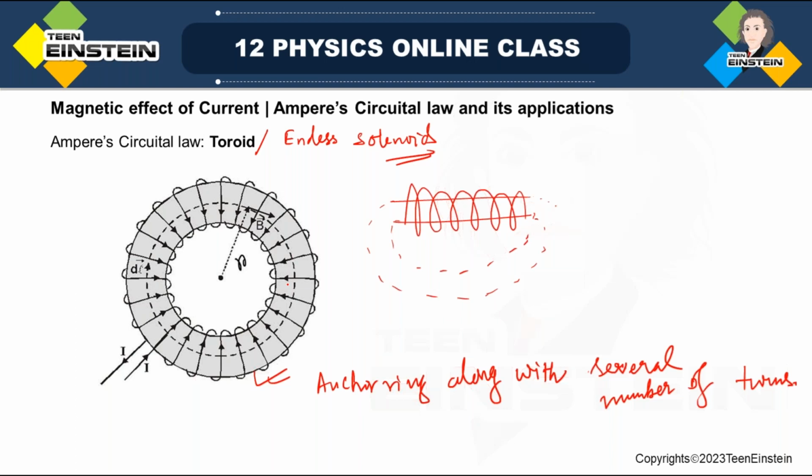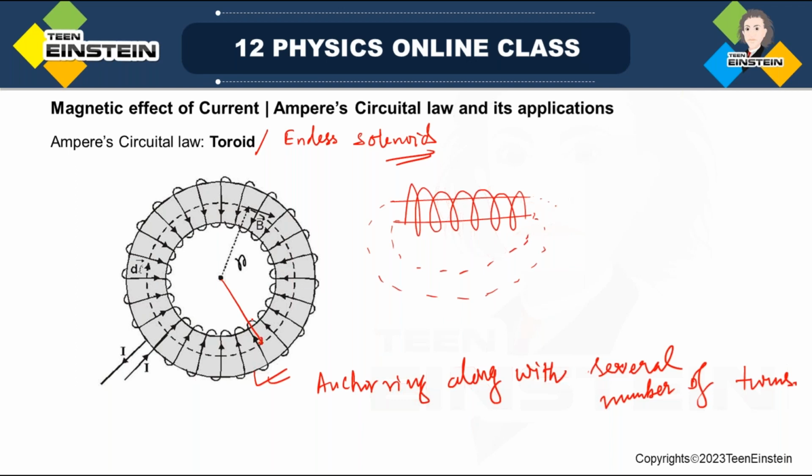Then a magnetic field is generated by these loops, and surprisingly, this magnetic field exists only in the hollow space of the toroid. Only inside the toroid is there a uniform magnetic field.